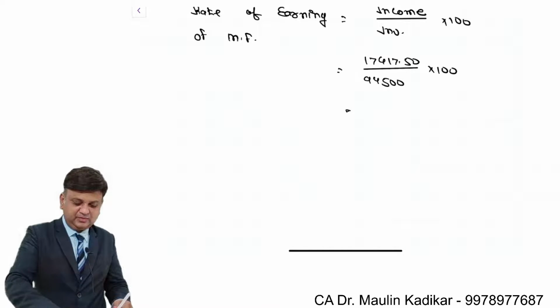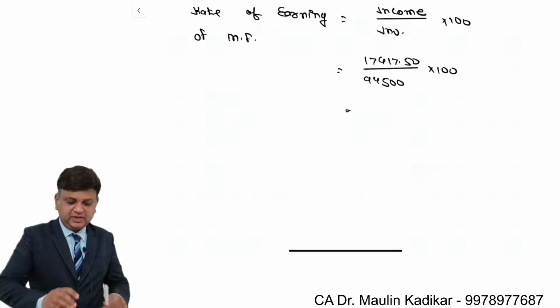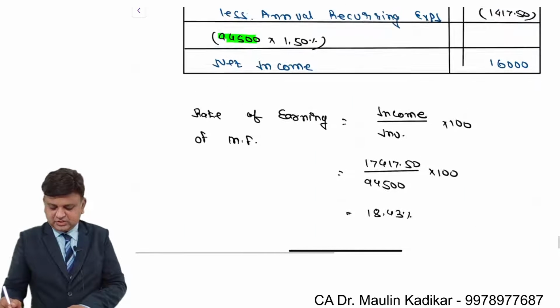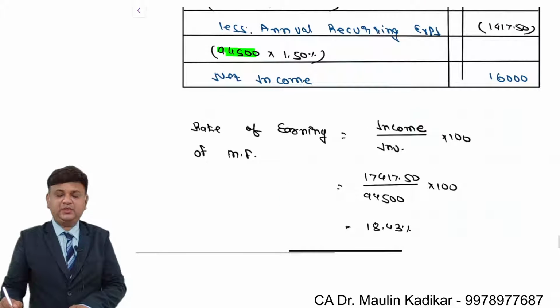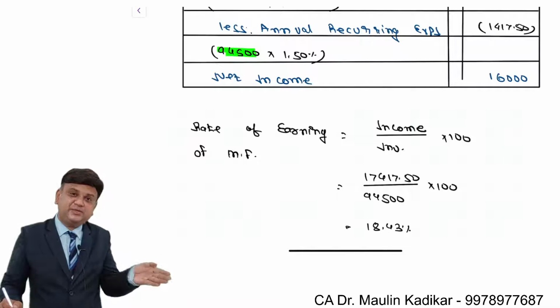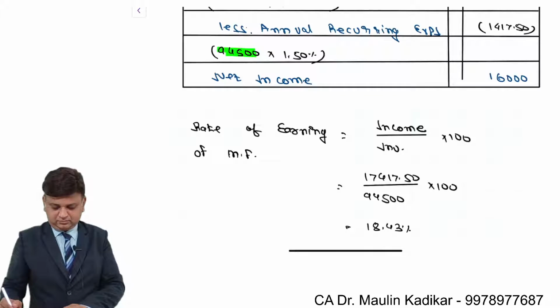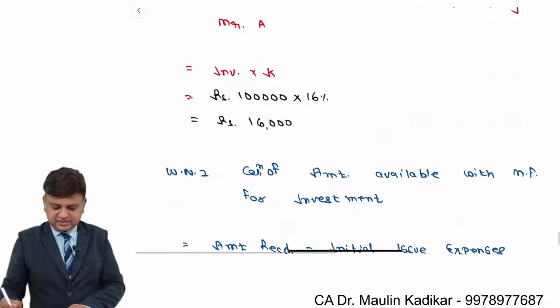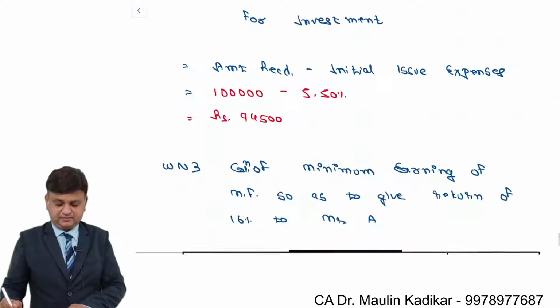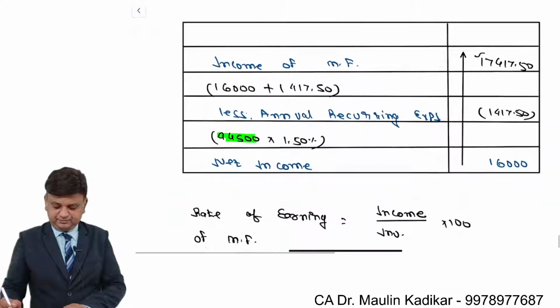That is the way the minimum rate of earning is supposed to be found. It comes to 18.43 percentage. This is the way the rate of earning of the mutual fund is to be found, at which mutual fund can give return of 16% to the investor. This is what we understand. First for keynote, second, and the third.